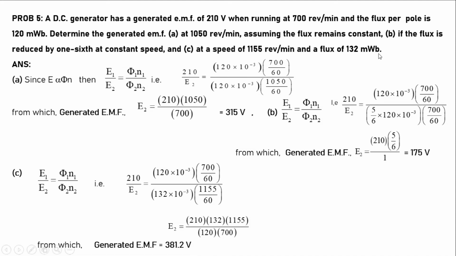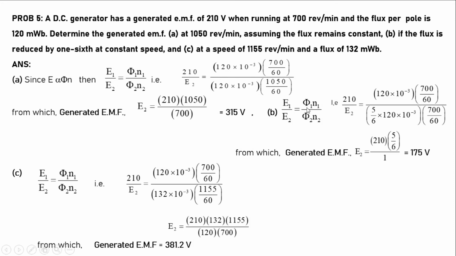Second case, when it is generating an EMF of 210 volts and running at 700 revolutions per minute and flux per pole is 120 milliweber, the second case is if flux is reduced by 1/6 at constant speed. So the speed will not change in the second case.